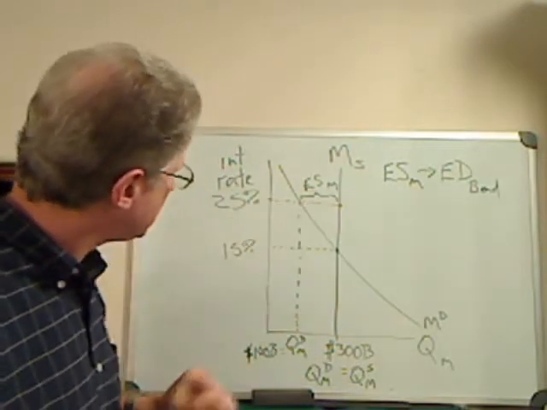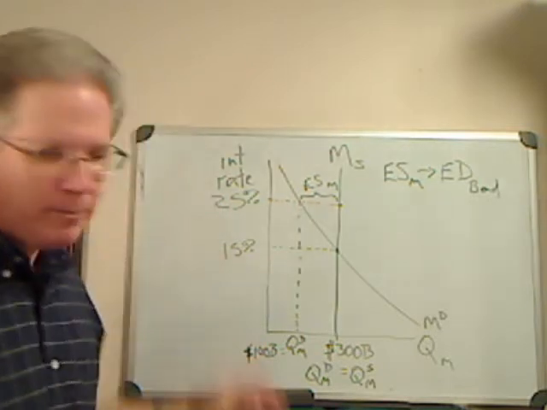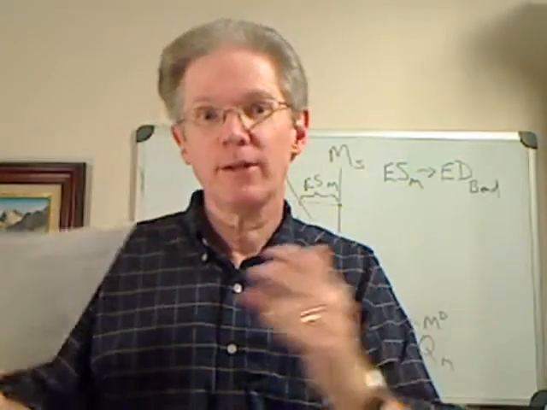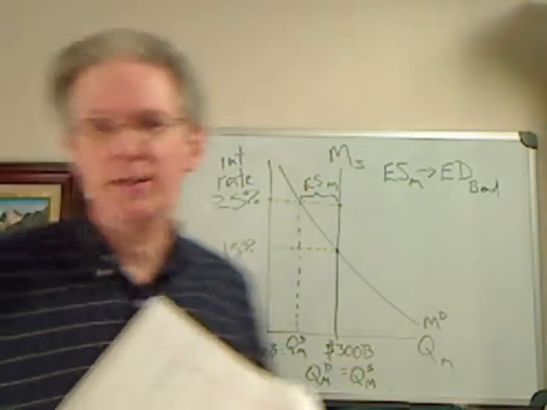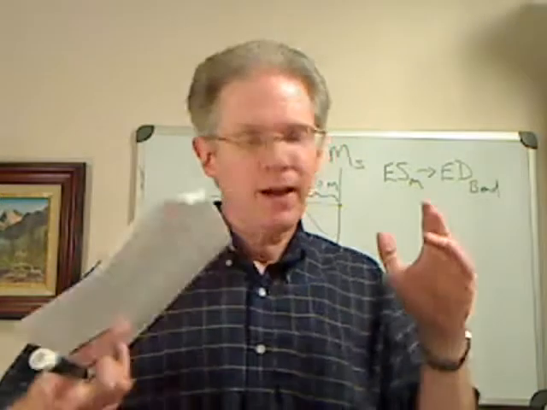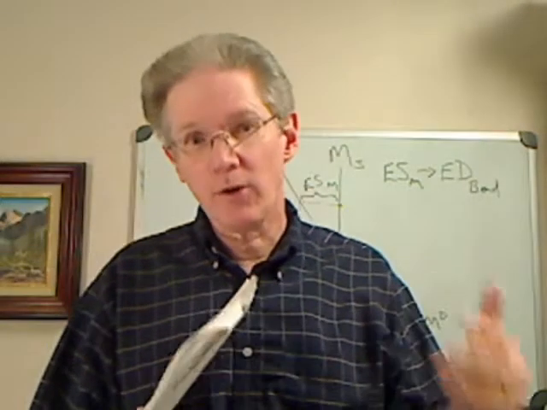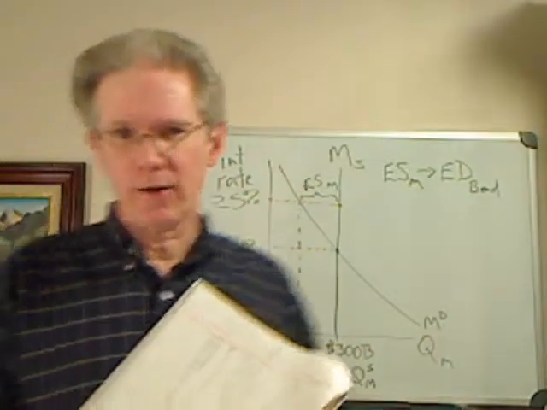Think about it like this. With high interest rates, people look at their money holdings, they look at their bond holdings, they say, wow, bonds look really attractive. They say, I'm holding more money than I really want to hold, given how attractive bonds are.